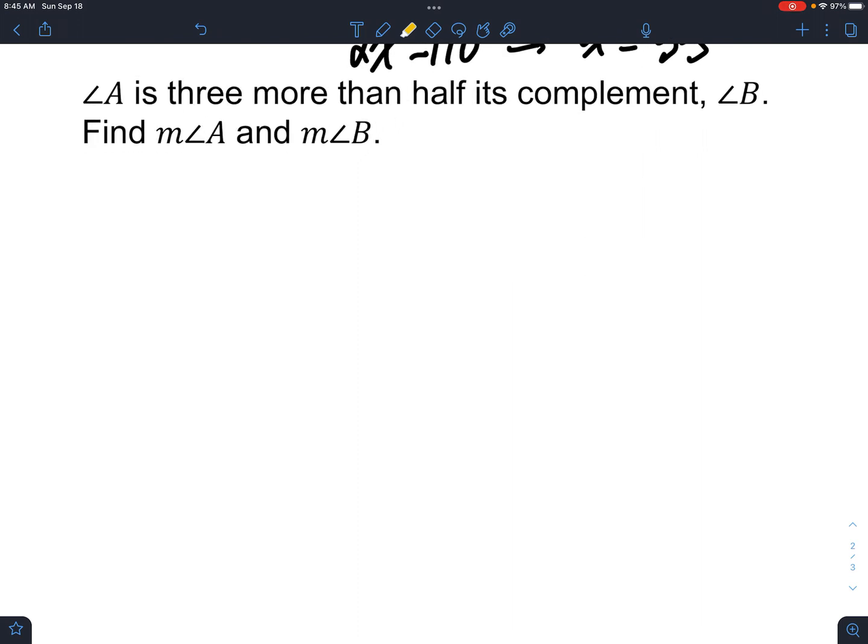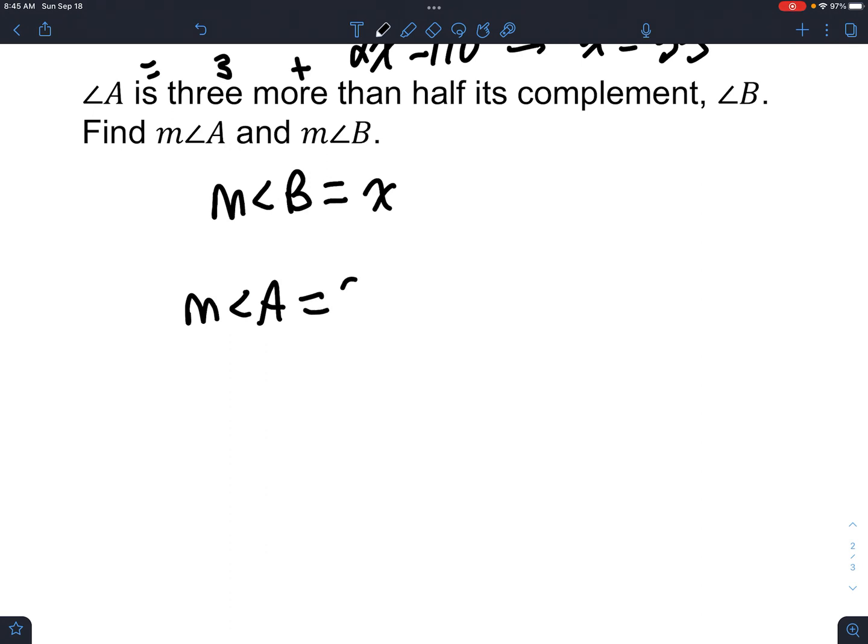Okay, and last one here, so we'll say the measure of angle B is X. The measure of angle A is 3 more than, which is always 3 plus, half B. Three more than half of B. But they're complements.